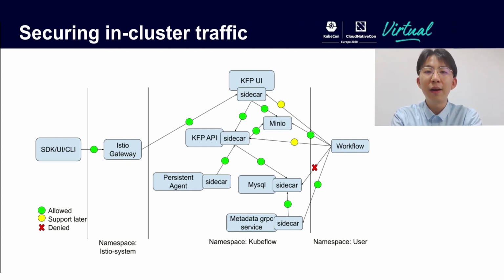So with these Istio features, we are able to set up a set of security rules to first allow traffic from Istio gateway to KFP UI, allow traffic among all KFP components, allow traffic from KFP to dependent services, and the most important one being denying traffic from non-KFP sources to KFP internal components. So finally, with all of this, when the KFP API server receives a request, we can be sure it's coming from the trusted Istio gateway.